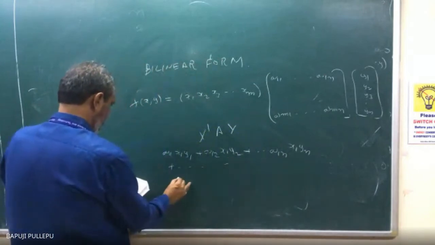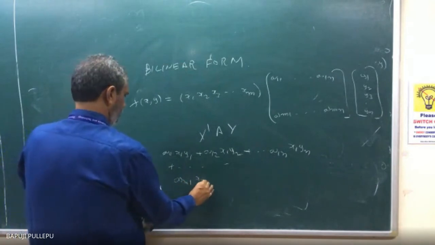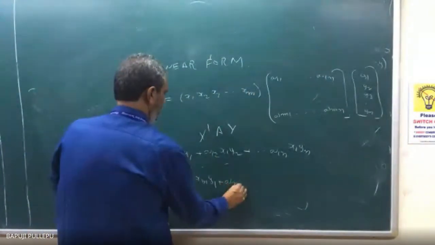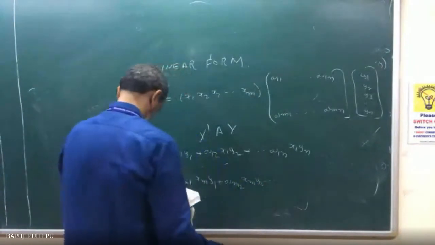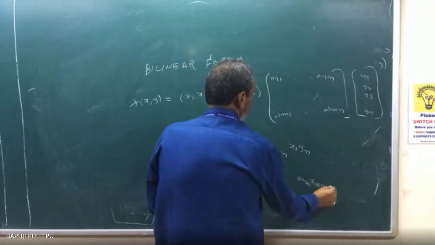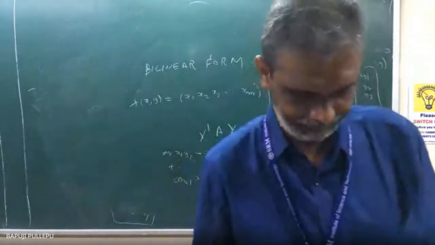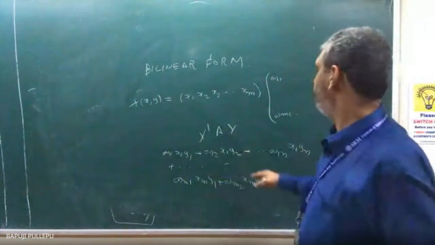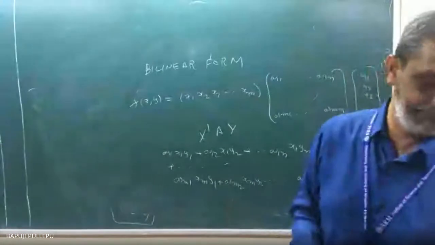Finally you will get am1 xm y1, am2 xm y2, so on up to amn xm yn. This is the bilinear form. From this, if you want, you can write the matrix form. This is called matrix form: X dash A y.